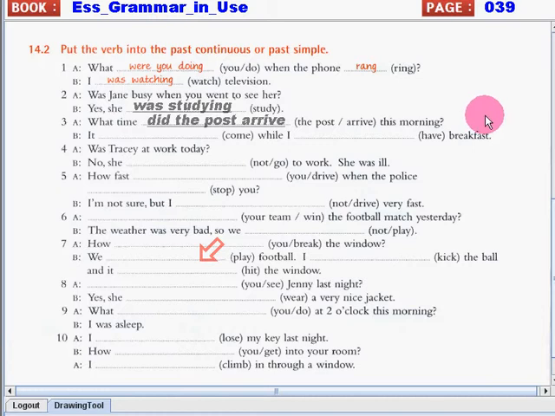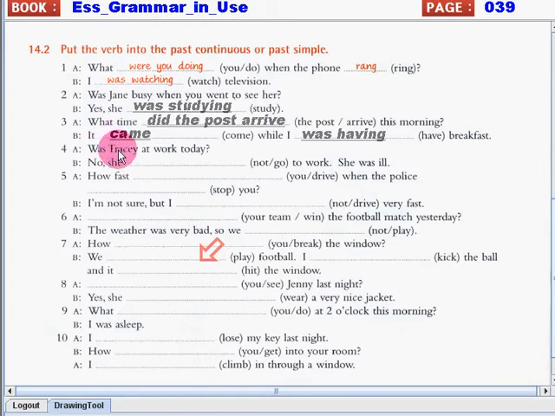What time did the post arrive this morning? So, we are asking for a definite answer. So, of course, it came while I was having breakfast. But that short action interrupted a long action that the subject was doing. So, the subject, I, was having breakfast when the post came.